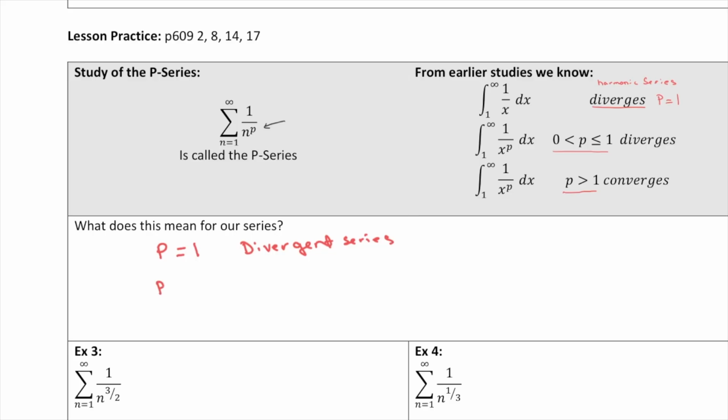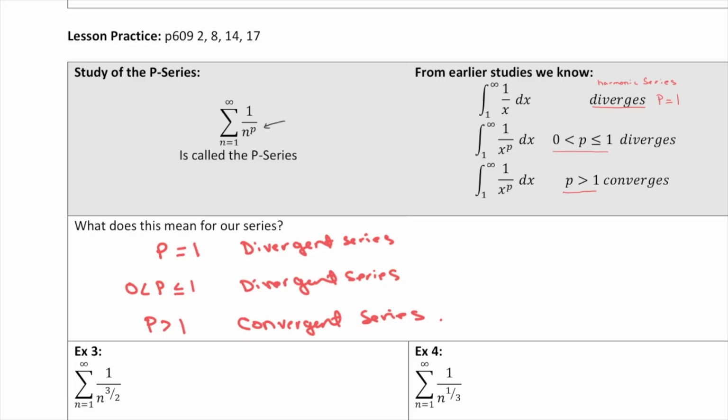For p's less than or equal to 1, but bigger than 0, we will have a divergent series. And of course, for the last one, if p is greater than 1, then we know that we have a convergent series.